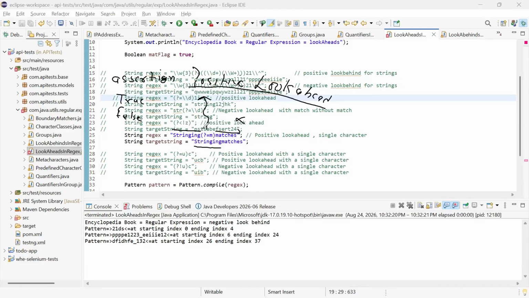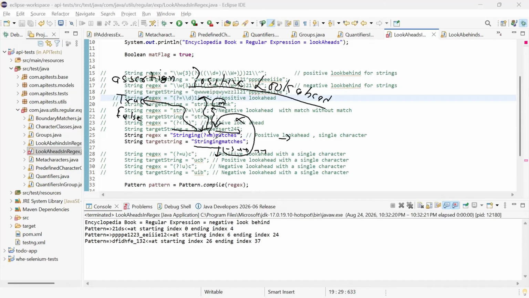Now, since we have encountered this, till G we have already got the string matched. After that, we have this M. It is saying the coming character from the target string, is it equivalent to the regular expression? That means only one character, M. It is always looking ahead in the string to find a match. M is equivalent to M, right? The condition is true, so this got evaluated to true. Since it evaluated to true, it says now you go ahead.